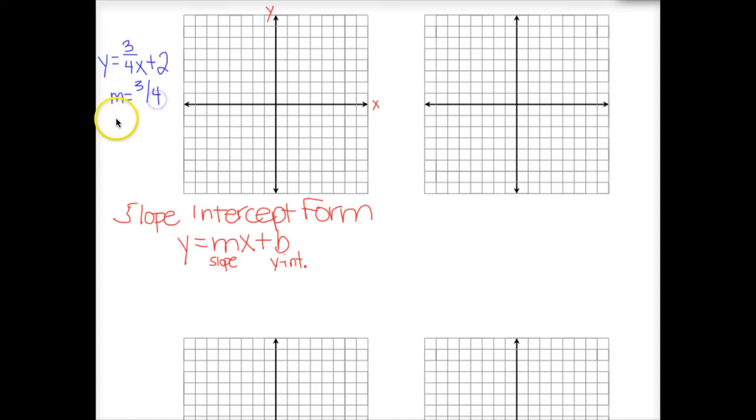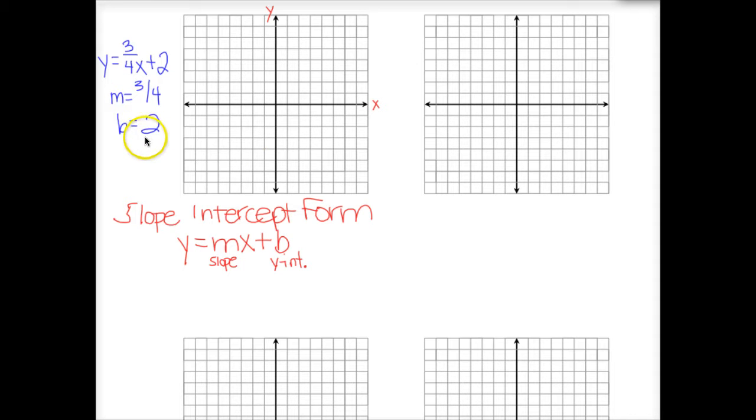So I often will ask you to write this, not because it's required and I'll mark it wrong if you don't, but because I love to give partial credit. So if your line is wrong, but you wrote down the correct slope and intercept, I know that you knew something about how to graph it. So every little point counts.